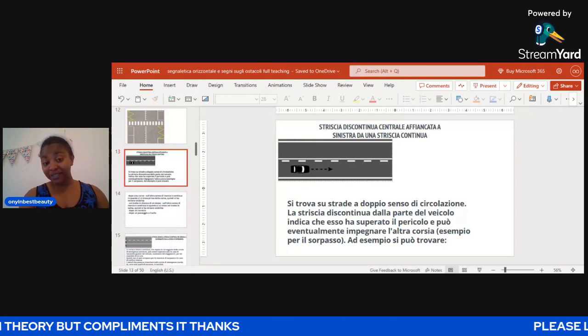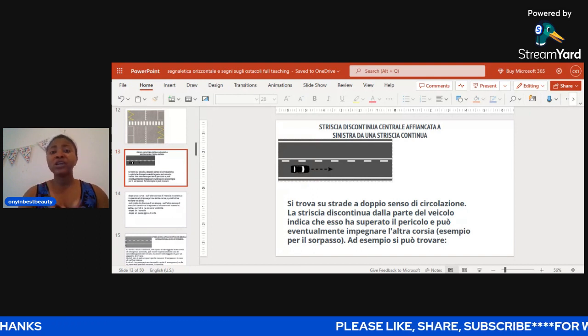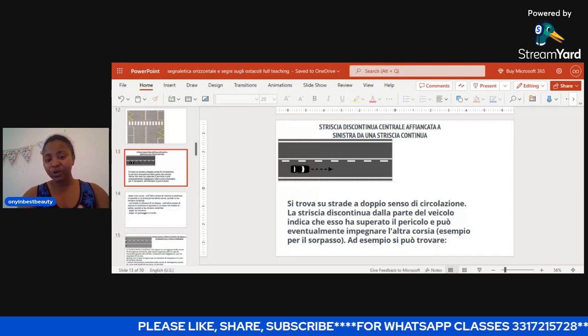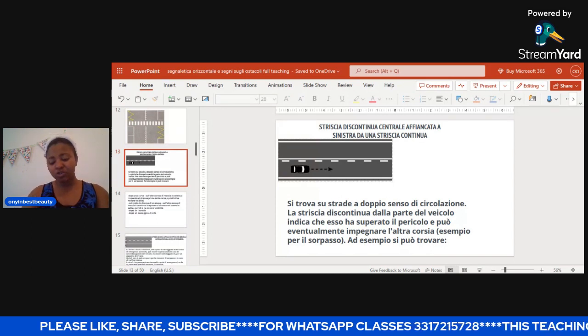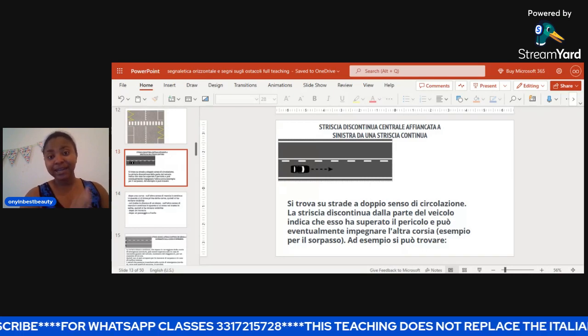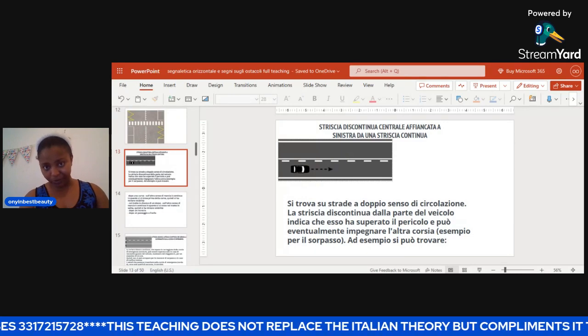That is why on your path you're seeing a continuous line telling you not to do overtaking, or you approach a danger. Salita means when you are climbing the hill, while discesa means when you're coming out of the hill. So you see the continuous line climbing the hill, you see the discontinuous line coming out of this hill.